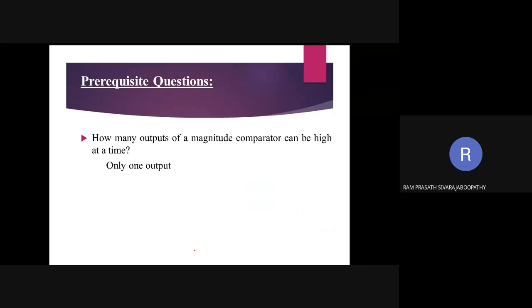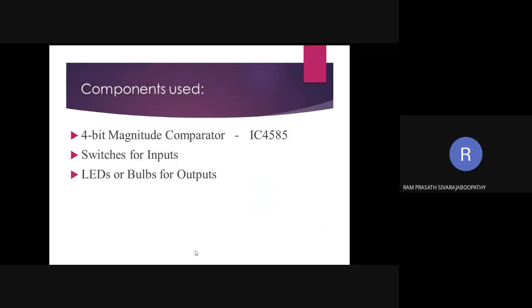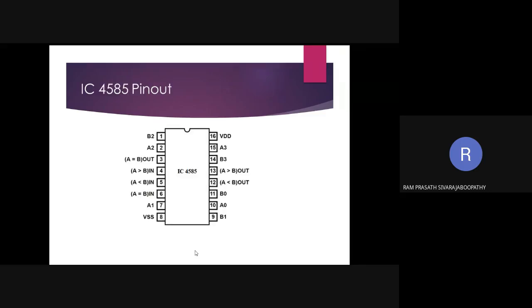Next, the components we are going to use are the 4-bit magnitude comparator IC 4585, then only switches for input and LEDs or bulbs for outputs. This is the pinout of 4585.